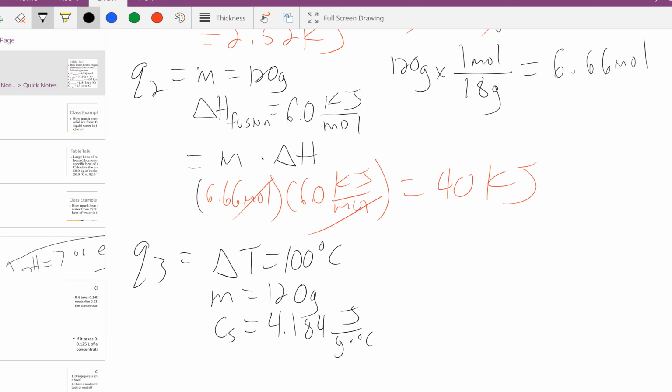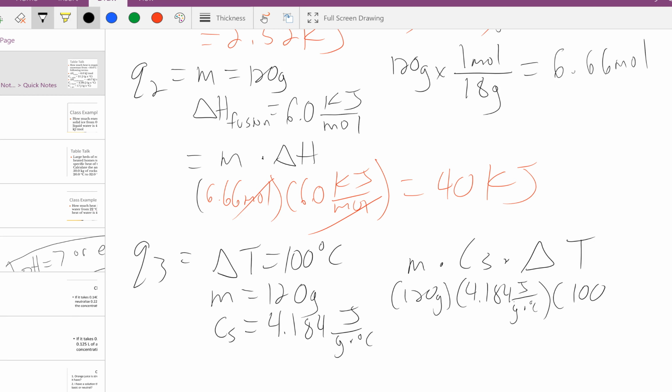Now, if we put this all together into m times Cs times delta T, we're going to get 120 grams times 4.184 joules per gram degree Celsius times 100. So that's going to be the same thing, degrees Celsius. When I cross out the units, I'm going to end up with 120 times 418.4 joules.